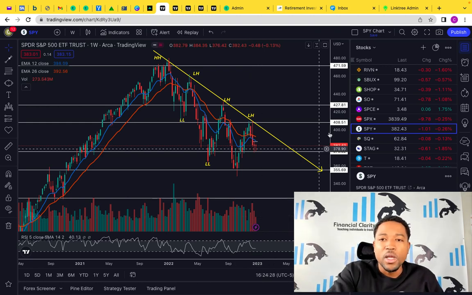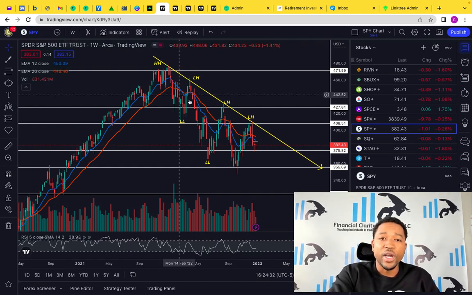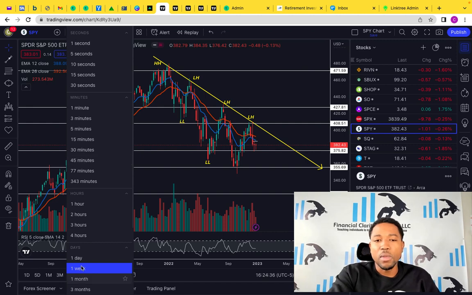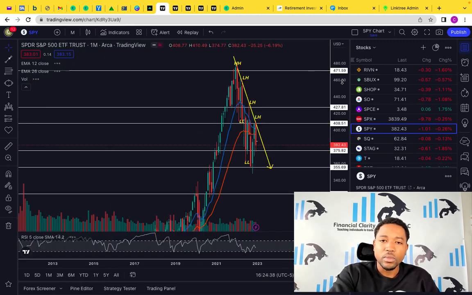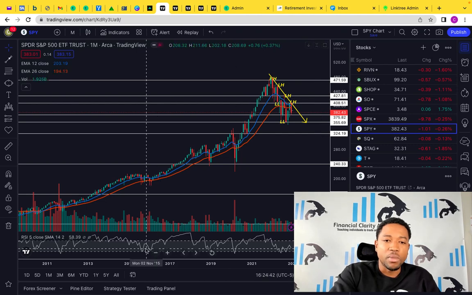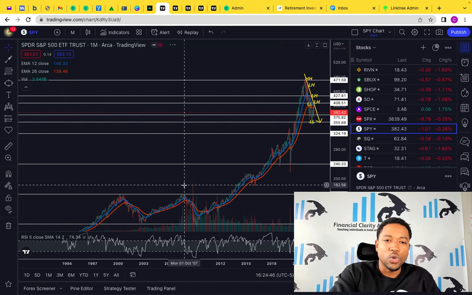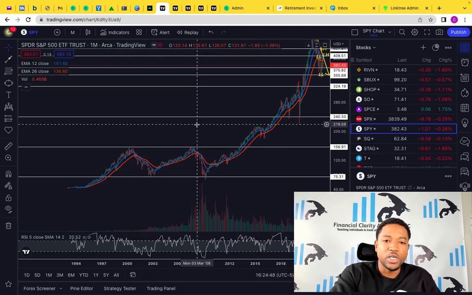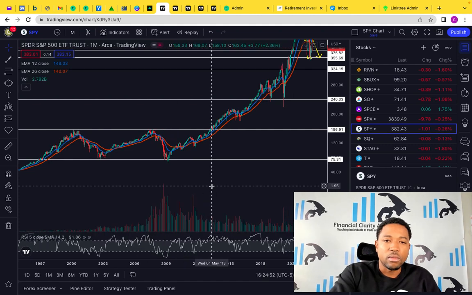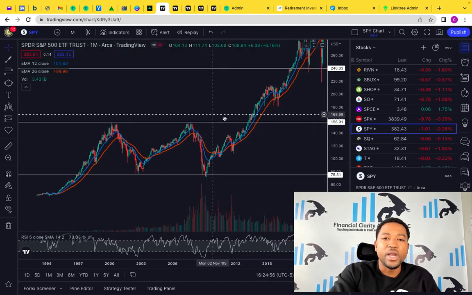So let's start. We're in the S&P 500 chart, the weekly time frame. One candle equals a week. To recap, let's zoom out to the monthly time frame, where one candle equals a month. I just want to do a slight recap to show you guys what happened in the 2000 market crash, the dot-com bubble, and then what happened in 2008.